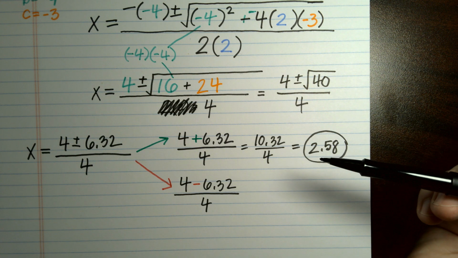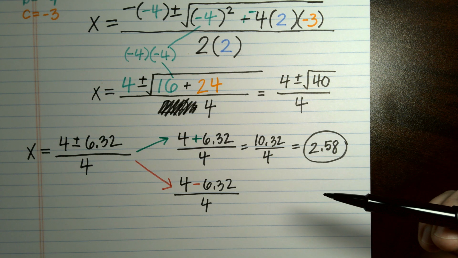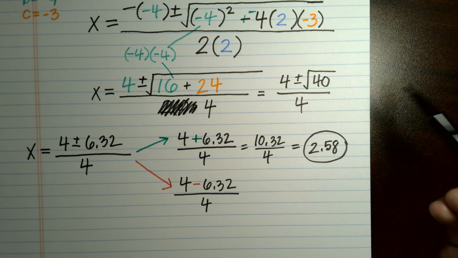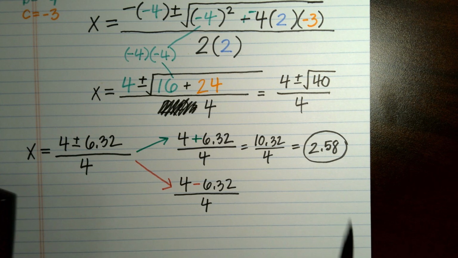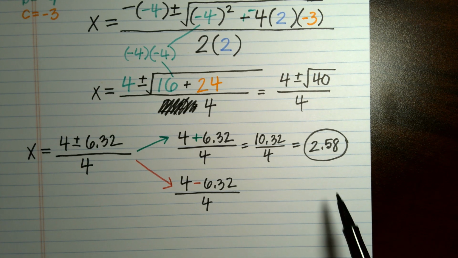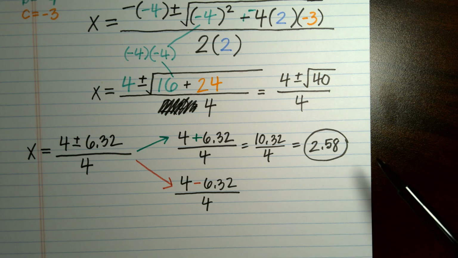Like we were checking our answers by doing this method. Yes. So that's why I was getting confused, because we didn't have decimal points. Moving forward, we're going to get lots of decimal points. So in this case, this one is correct. That's why you have to use the quadratic formula for these, because we wouldn't be able to factor x minus 2.58 and x plus 2 point something something. That's why we have to use the formula.